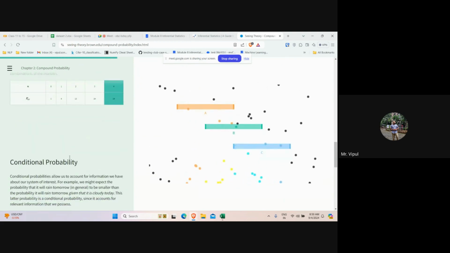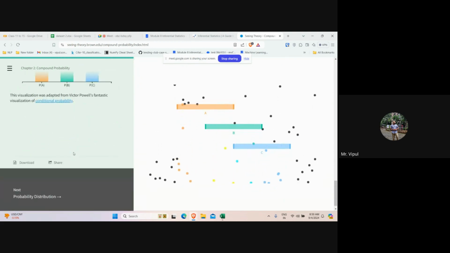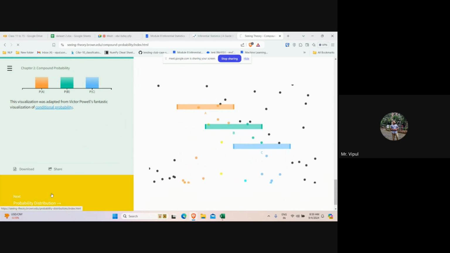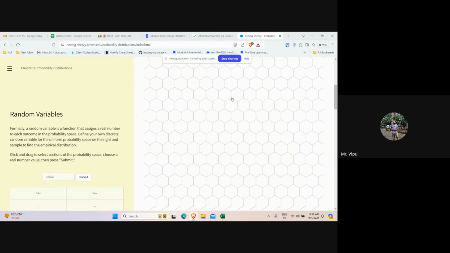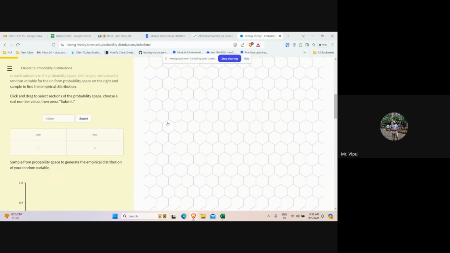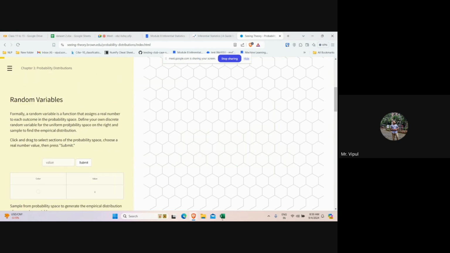देखो सब कुछ दिया है इसमें. Conditional probability क्या है? Probability distribution क्या है? Now this is what we are going to start today's session: random variables. Now see.